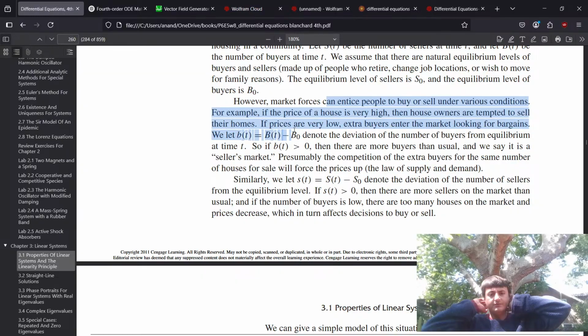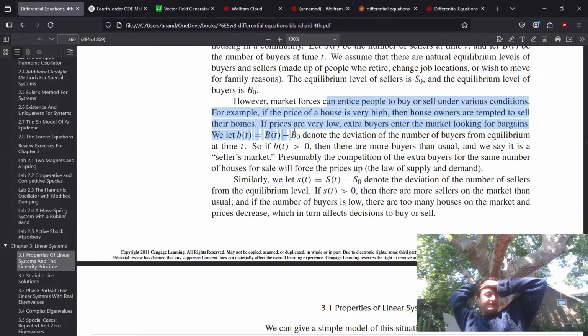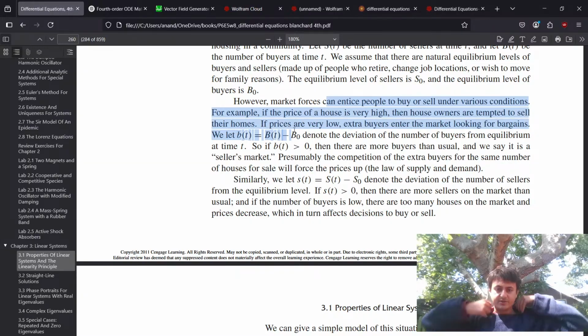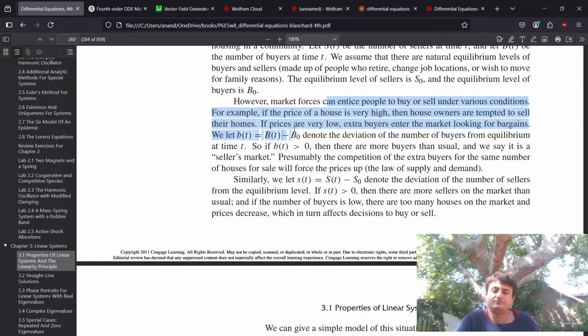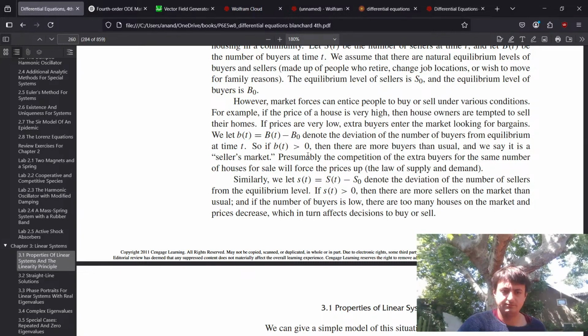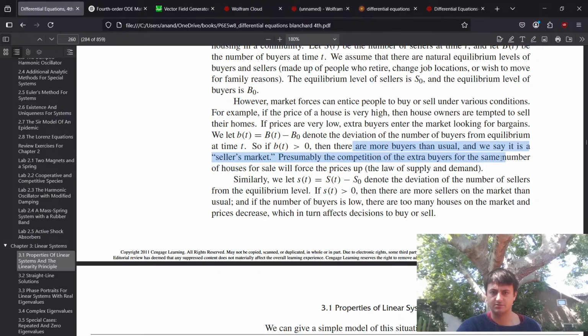We let b of t equal B of t minus B0, denoting the deviation of the number of buyers from equilibrium at time t. So if b of t is greater than 0, there are more buyers than usual. We say that it's a seller's market. I don't know what that means.